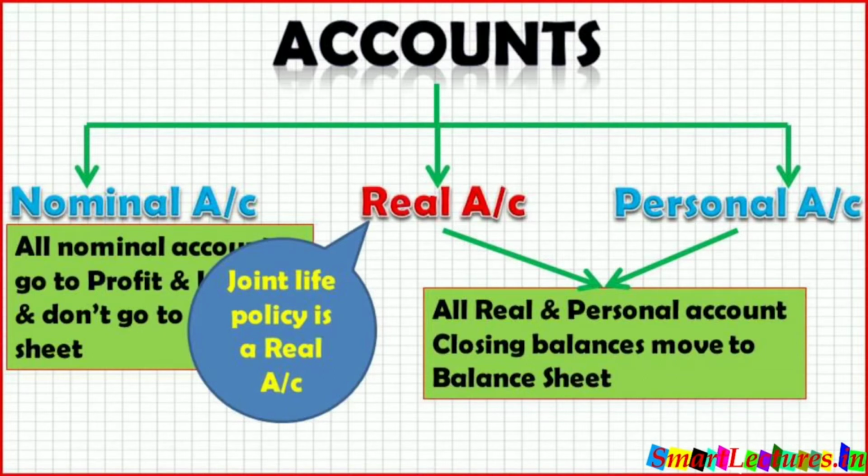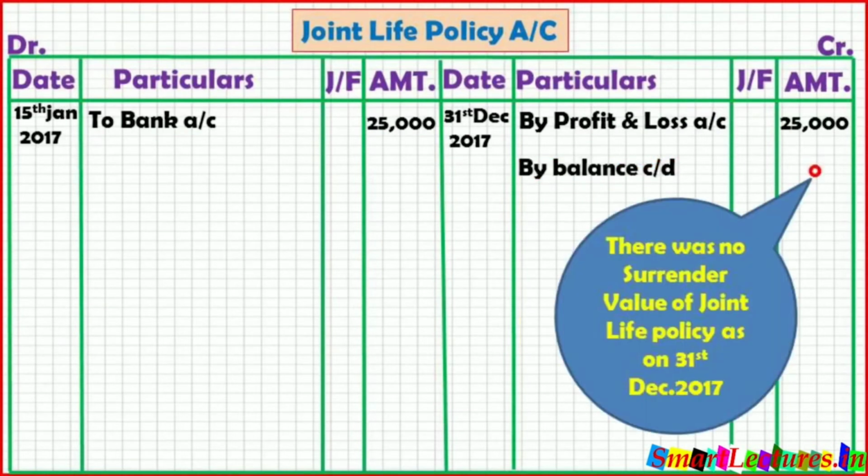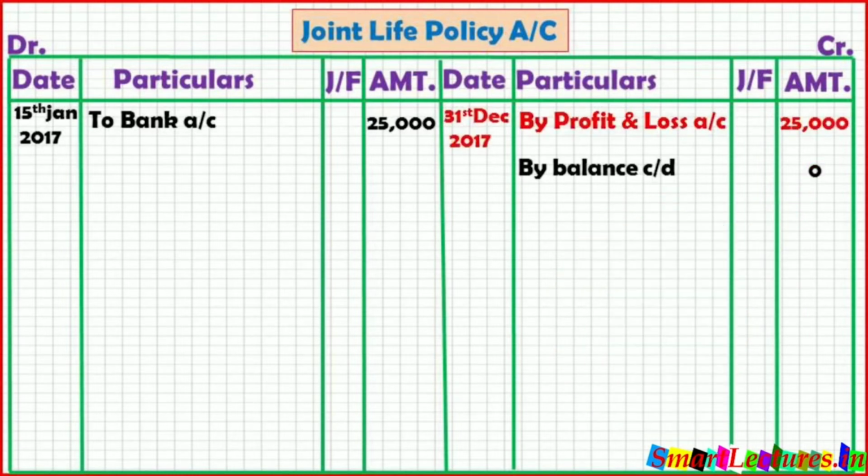So today the c/d, meaning the closing balance, will be 0 because there was no surrender value of the joint life policy as on 31st December 2017. So by profit and loss account will be 25,000 rupees and the total on both sides 25,000 rupees.